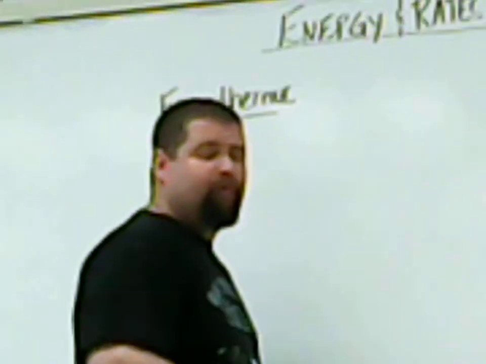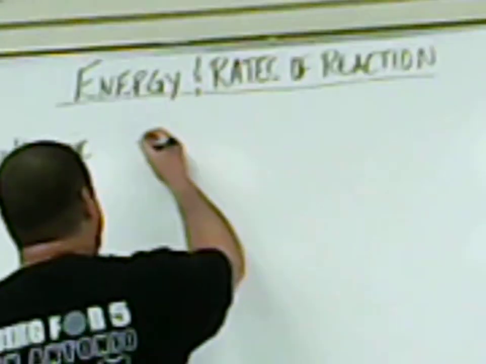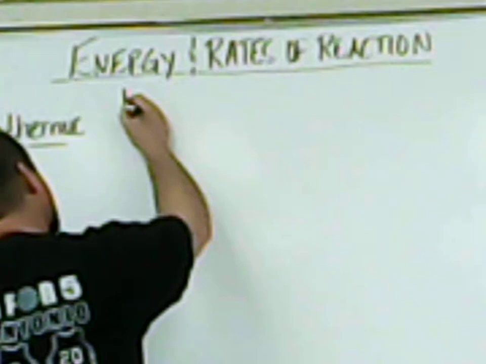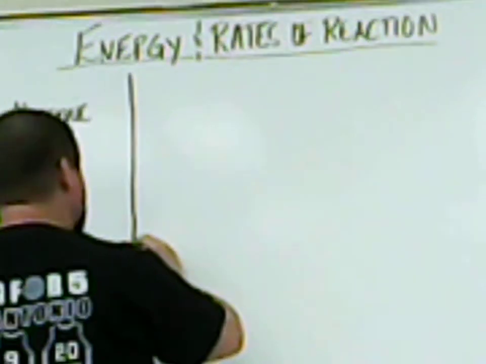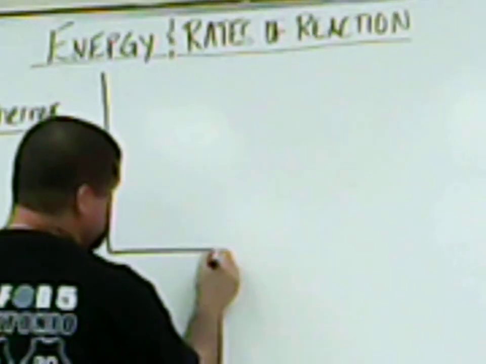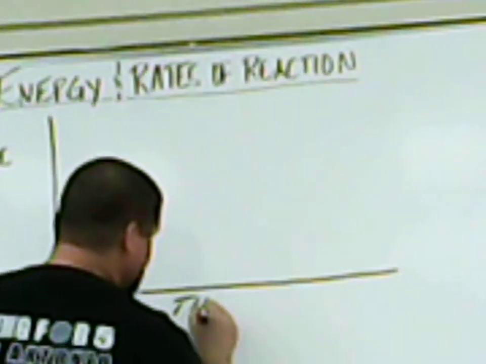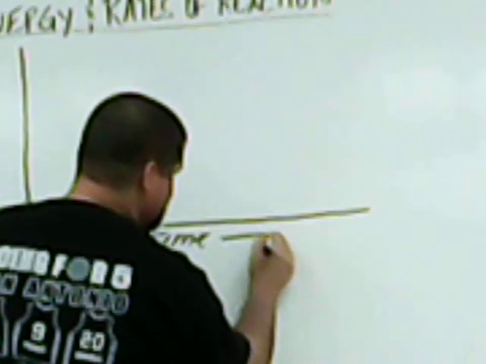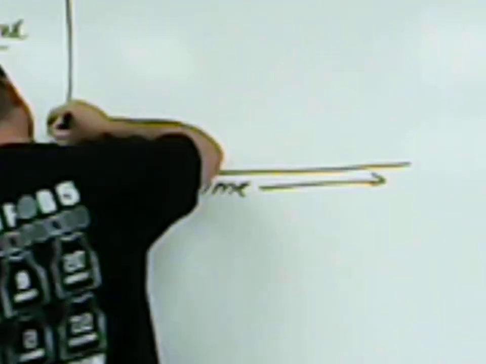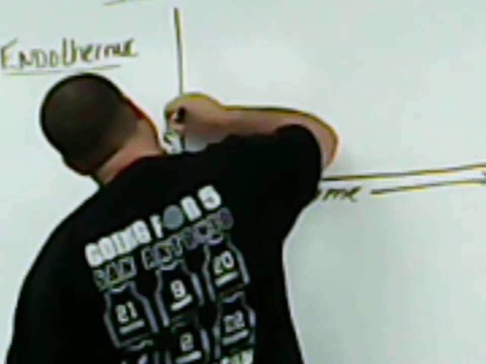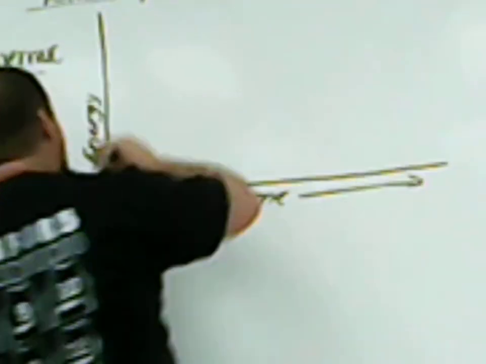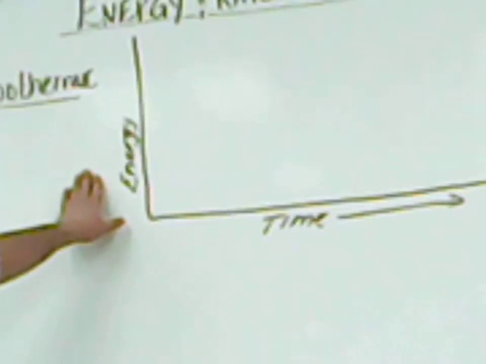We can draw a graph of an endothermic reaction. And the graph would be representative of energy over time.